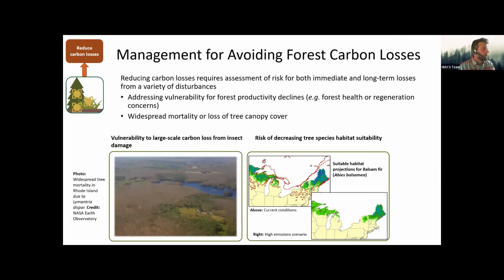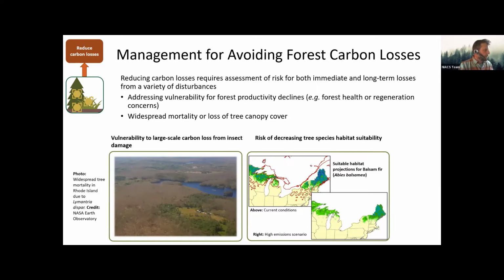So when we're thinking about carbon management or forest management to avoid carbon losses, there's a whole host of different impacts that could result in carbon losses from the system. Part of that consideration was covered in the other bonus lecture that I gave a few weeks ago that related to climate impacts on carbon. So I'm just summarizing here a couple of important ways that we could be thinking about reducing carbon losses.